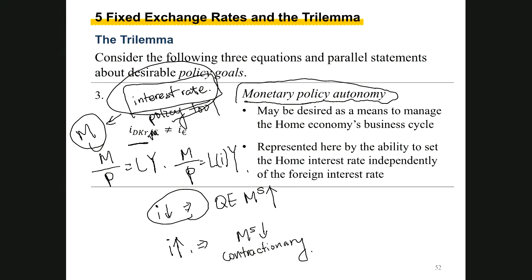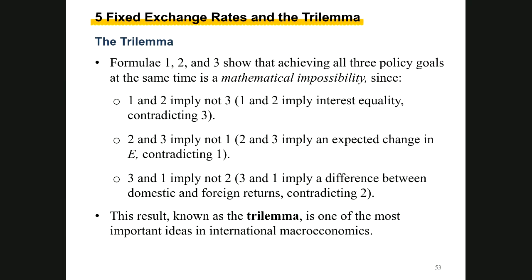Okay. And the striking result here in macroeconomics tells us that of those three conditions, only two could hold. Okay, so 1 and 2, what is 1? 1 is the fixed exchange rate, right? And 2 is no capital control, right?